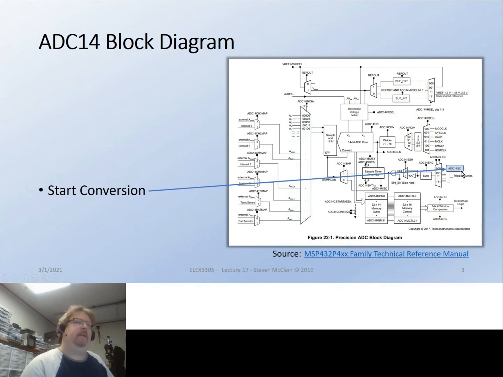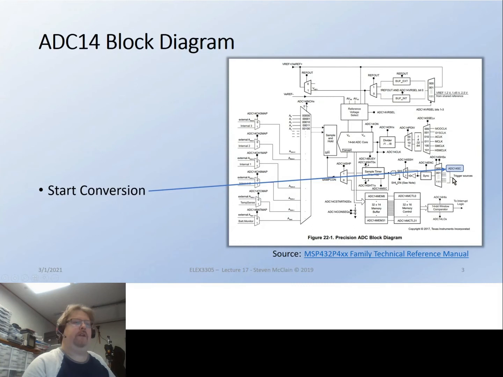And this whole machine sits there anxiously waiting for a signal from over here, which is our start conversion. That's a bit in a register. But you see, it's also hooked up to a multiplexer, so there's a bunch of different ways of starting conversion.